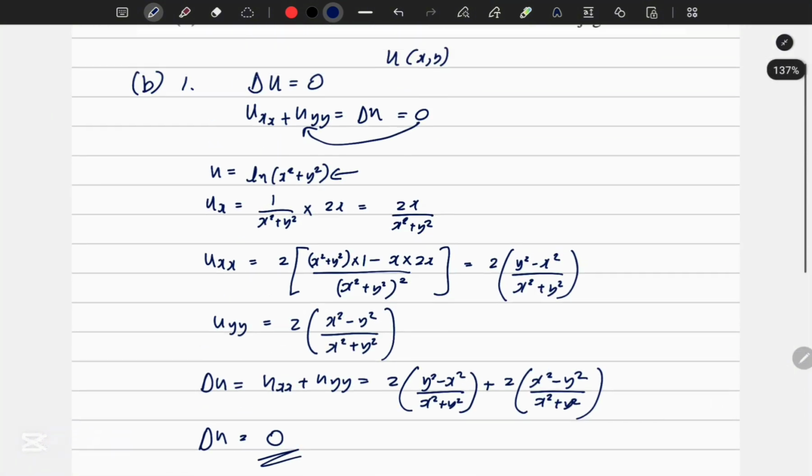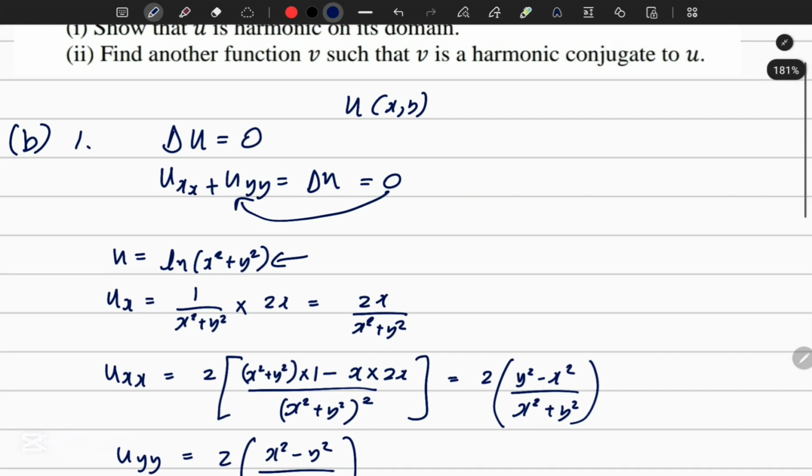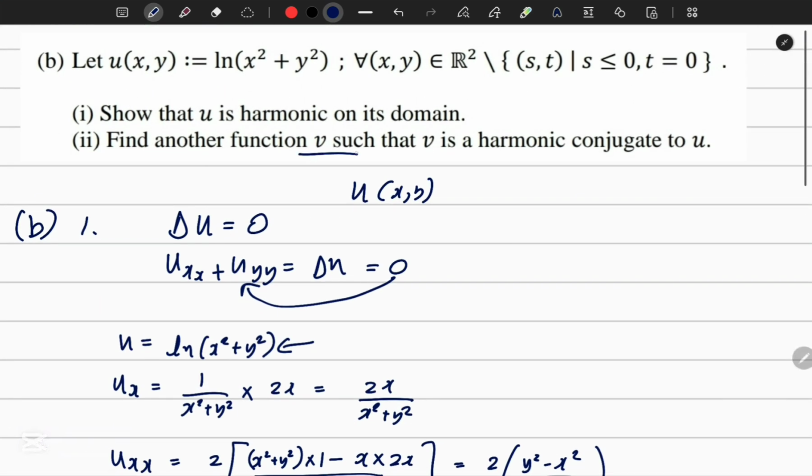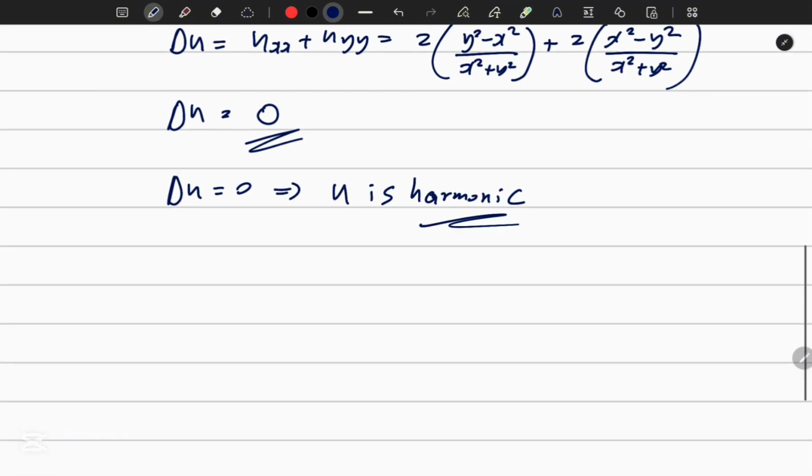Let's go to the second question. Find another function v such that v is a harmonic conjugate to u. For that I need to use the Cauchy-Riemann equations.